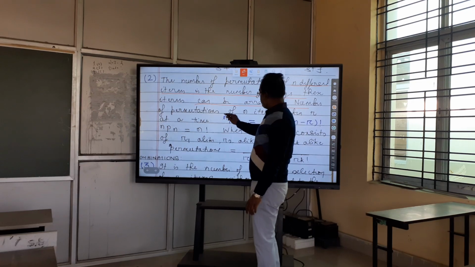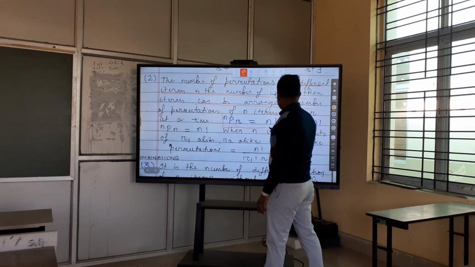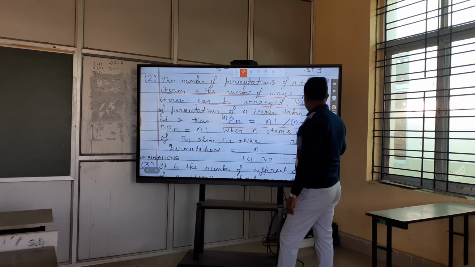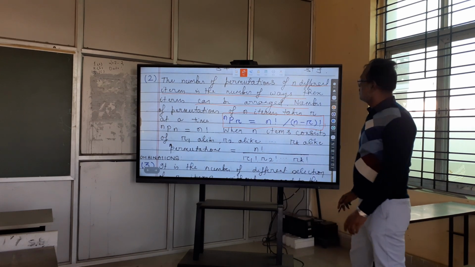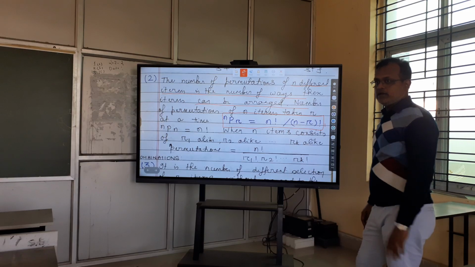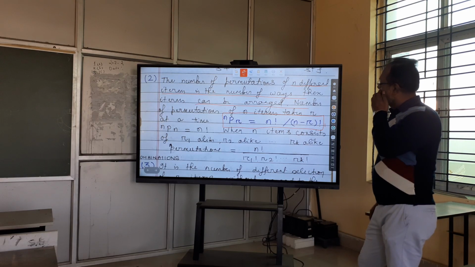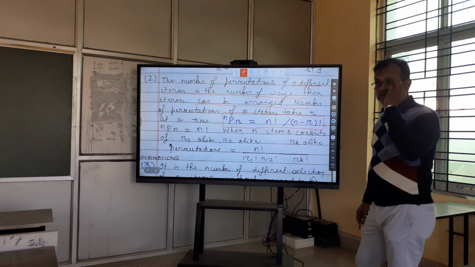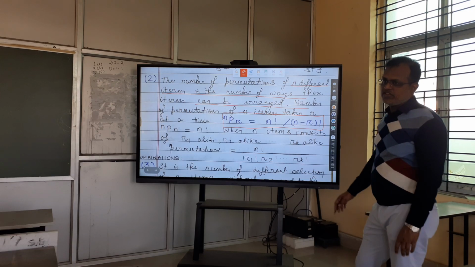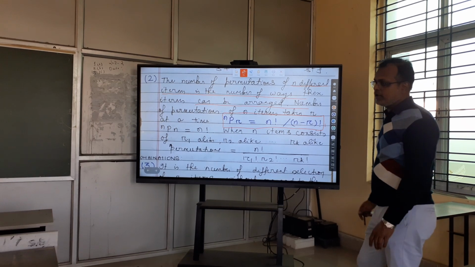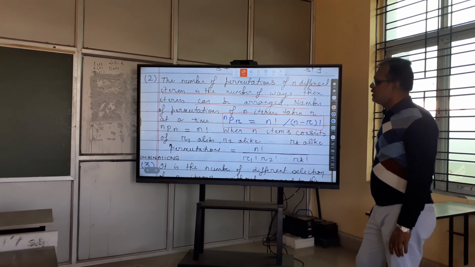It is given by nPr equals n factorial divided by n minus r factorial. So this formula is nPr. Both Excel as well as other software, MATLAB, Octave, Scilab, have functions to compute nPr. You should know how to do that in those software. For Excel, we will see.